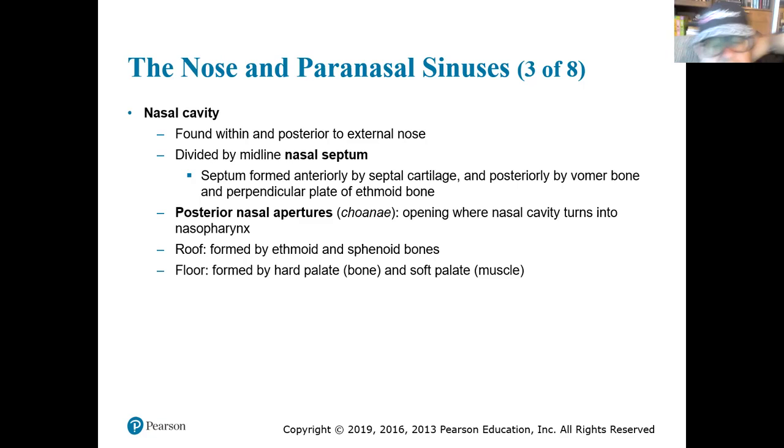Remember the top surface, the cribriform plate of the ethmoid bone, that's where the olfactory bulbs sit. So posterior nasal apertures, also called choanae. These are the holes at the back of your nose where the nasal cavity joins the nasopharynx. The roof of the nasal cavity is formed by the ethmoid and sphenoid bones. The floor is formed by the soft palate. Great.